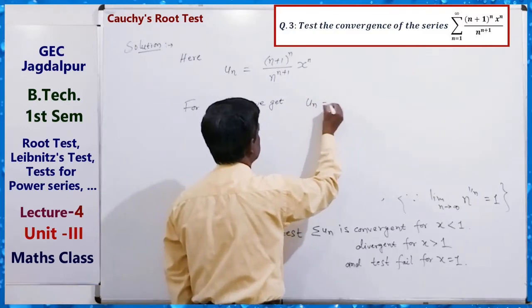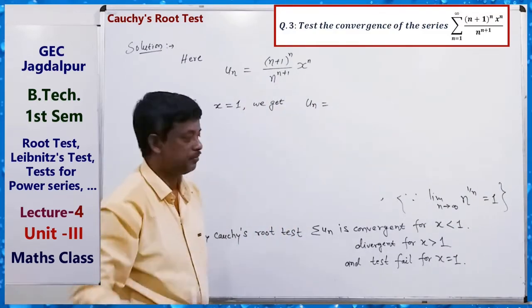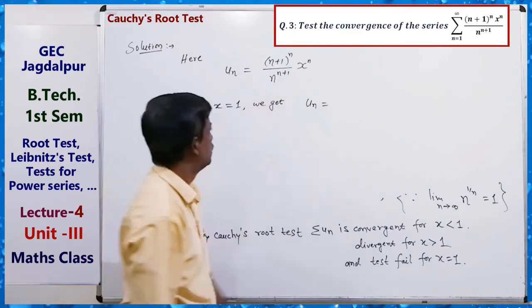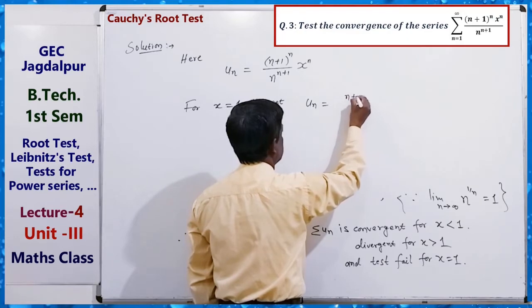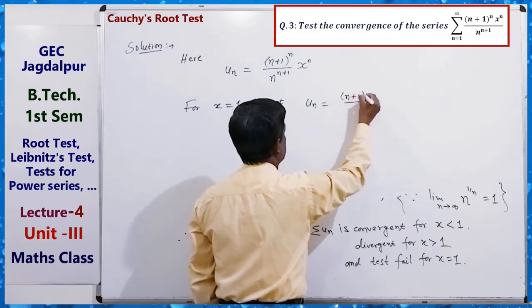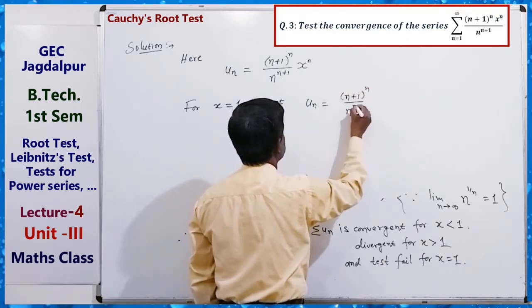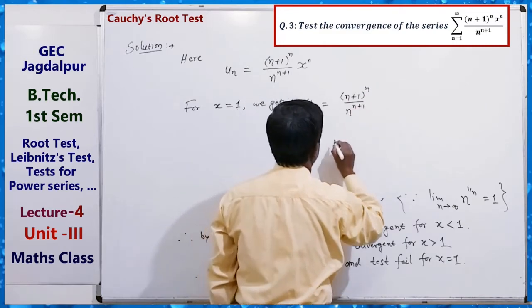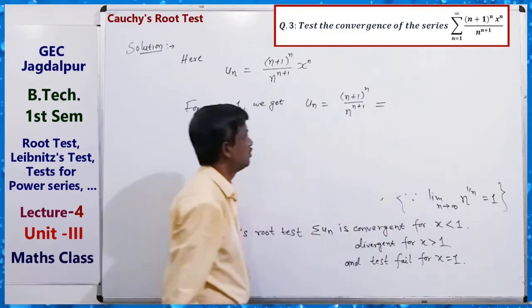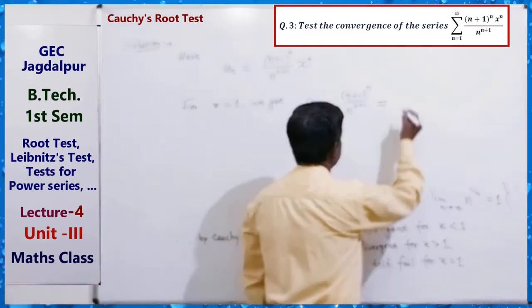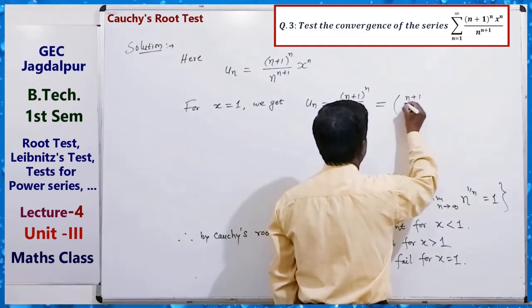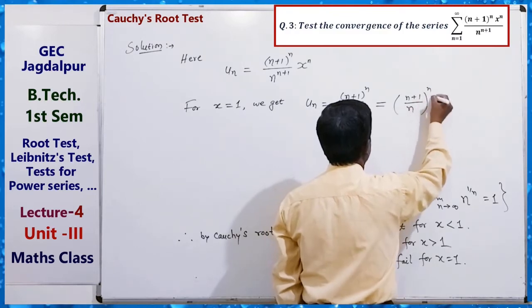With x equal to 1, un equals n plus 1 upon n power n plus 1, which can be written as n plus 1 upon n power n, into 1 by n.